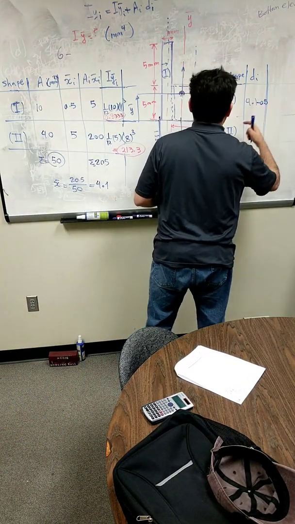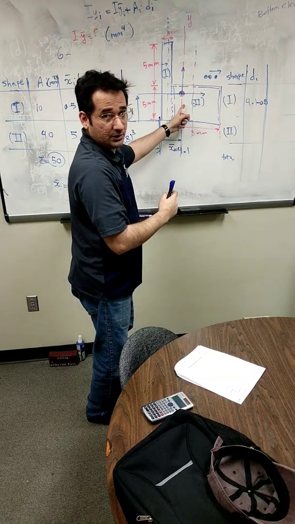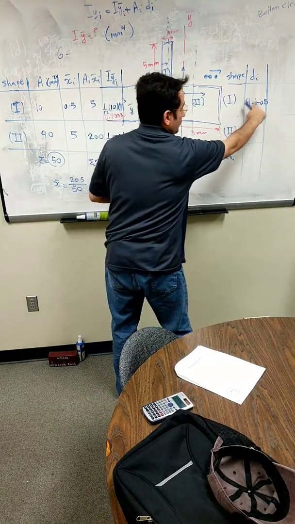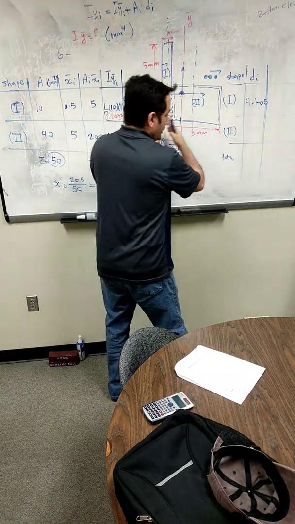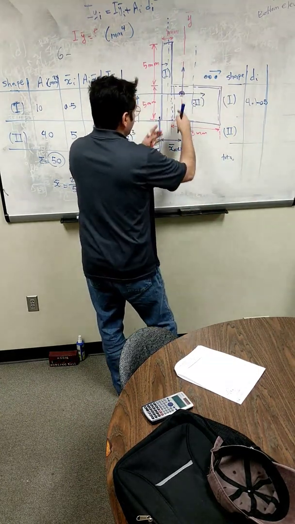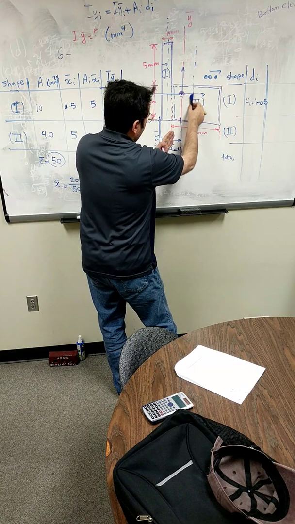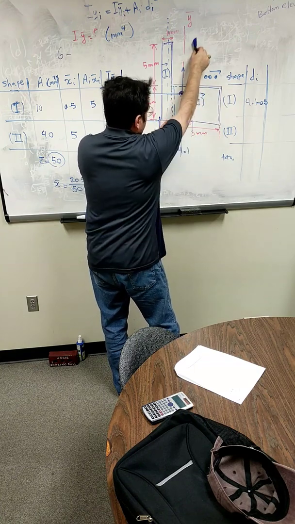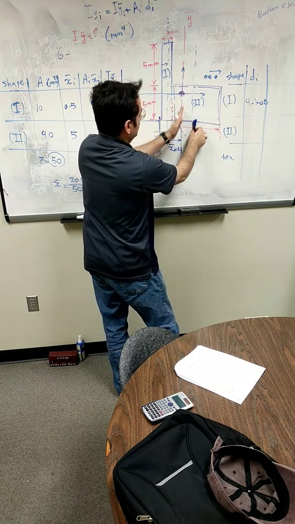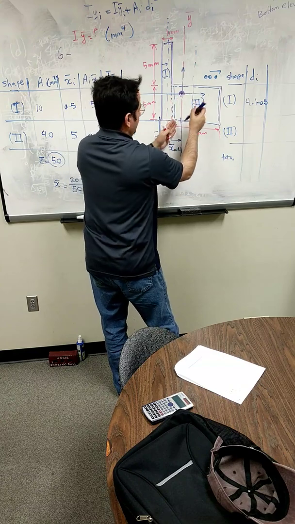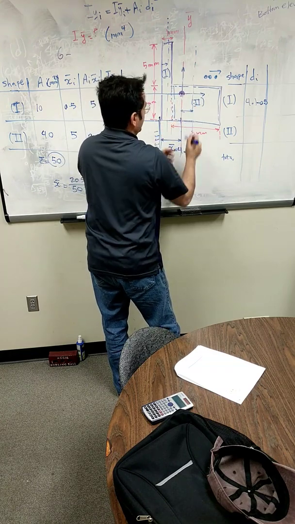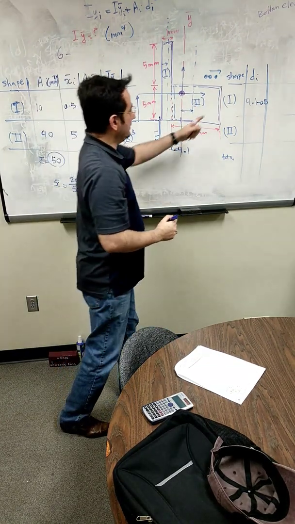Now let's go to shape 2. Don't get yourself distracted with putting this in the calculator. Let's first write it and then you can put it in the calculator. What is the distance between its own centroid, which is here, and the total centroid? Well, it's from here to here. That's d2 for shape 2.